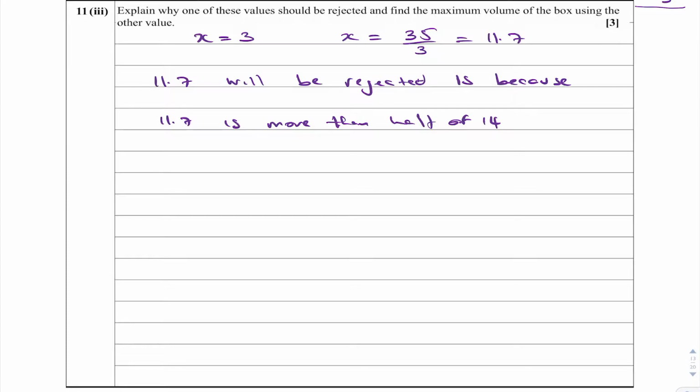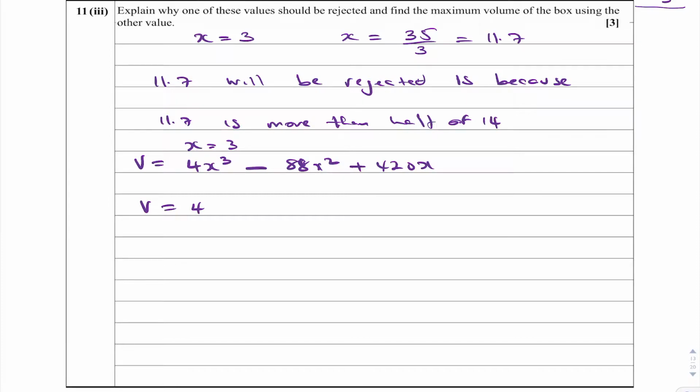And the other value that will be accepted is x equals 3, where V equals 4x cubed minus 88x squared plus 420x. All I need to do is substitute x for 3.